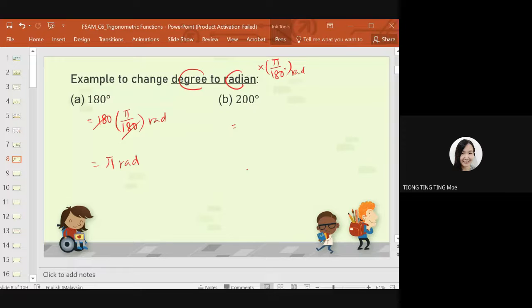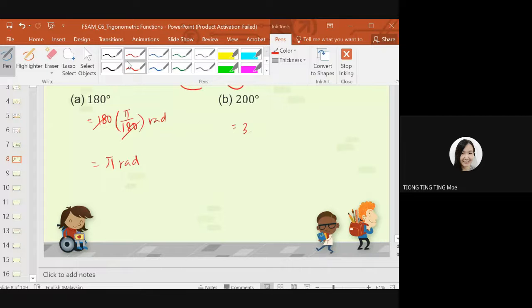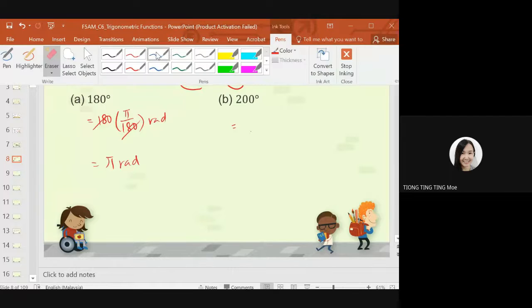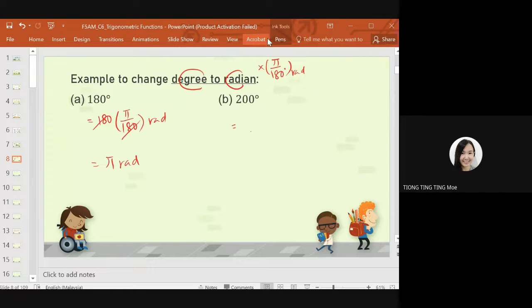Yeah, the answer is 3.491. Why 3.491? How to press the calculator? I don't teach using the calculator to change degree to radian because I don't like the method. I only teach using the steps. 200 times pi over 180 radian.